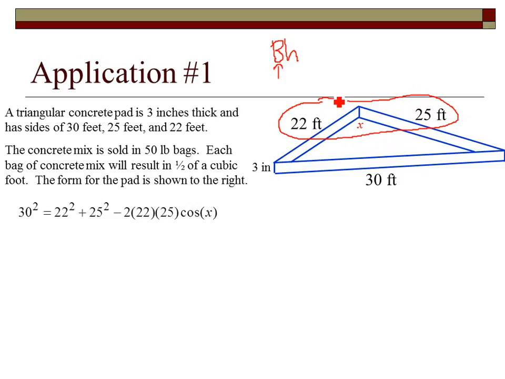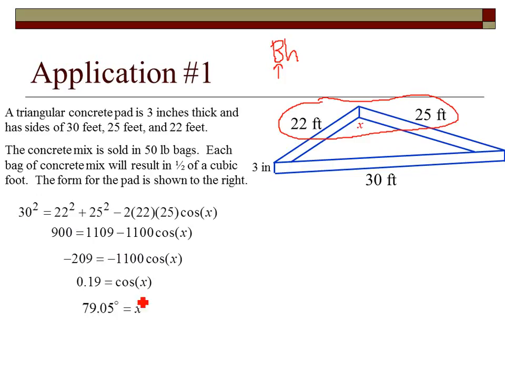So using the law of cosines, 30 is by itself: 30 squared equals 22 squared plus 25 squared minus 2 times 22 times 25 times the cosine of the angle between them. Simplifying, we get 900 equals 22 squared plus 25 squared, which is 1109, minus 1100 cosine x. Solving this, subtract 1109, divide by 1100, and we get 0.19 equals cosine of x.